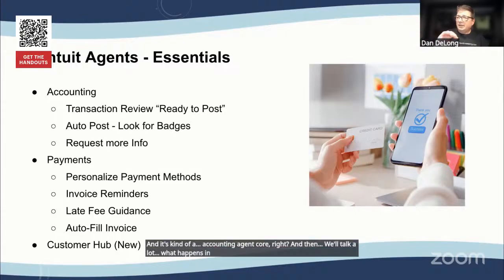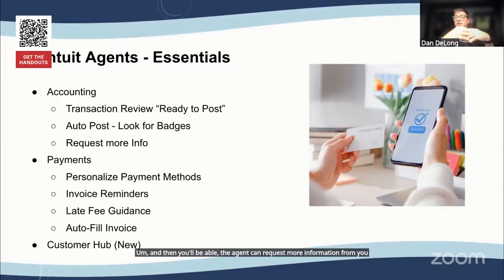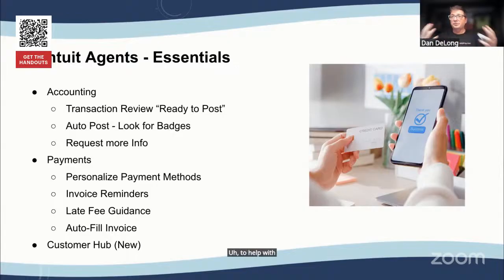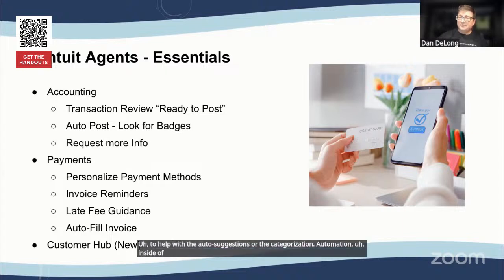So you get the transaction review, basically ready to post in your bank feeds. Auto post, you can look for the badges. The agent can request more information from you to help with the auto suggestions or the categorization automation inside of the bank feed.